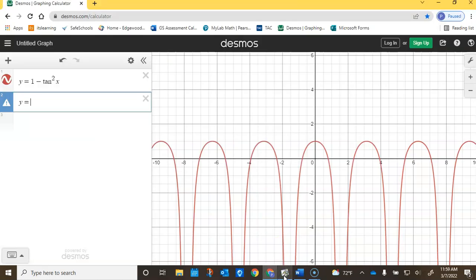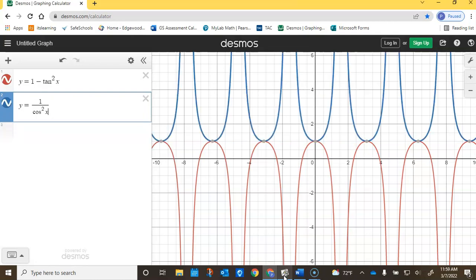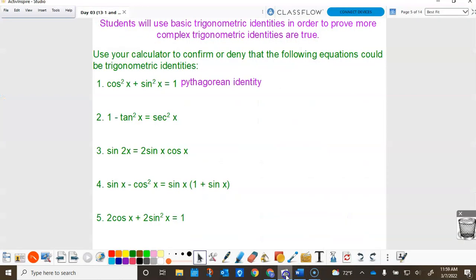The secant is 1 divided by the cosine, so secant squared is 1 divided by cosine squared. So are those the same? Those are not the same. So this would not be an identity, and we would simply write that it is not an identity.